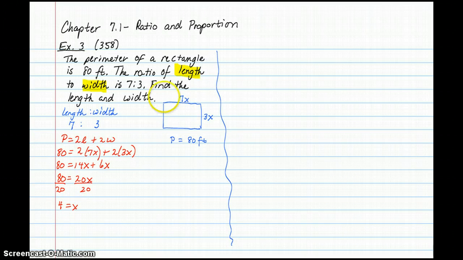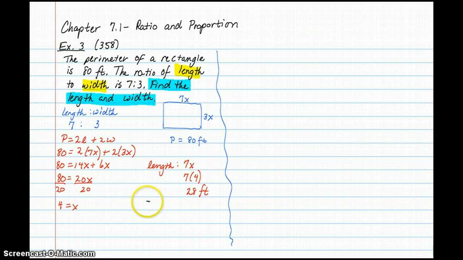It's asking for us to find the length and width. But that's pretty simple to do because the length is 7x. So length is 7x, or 7 times 4, so it's 28 feet.